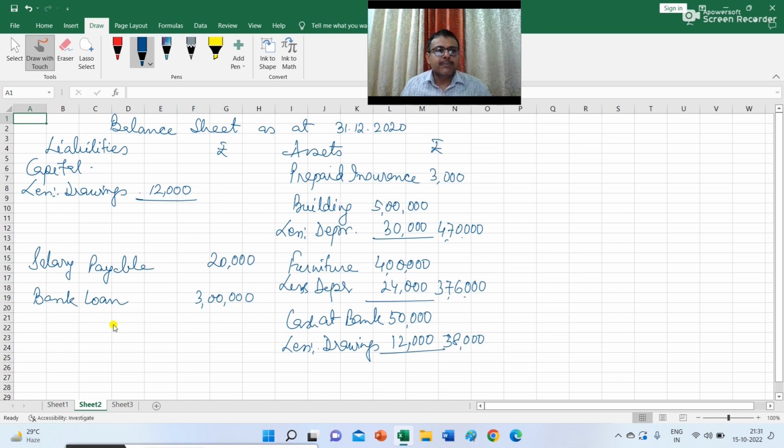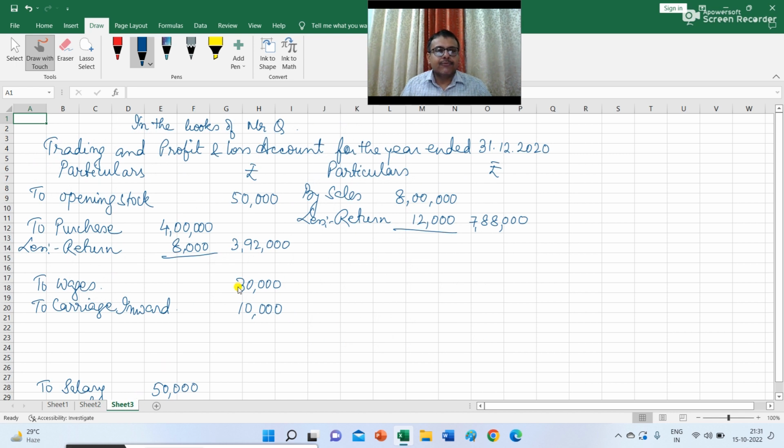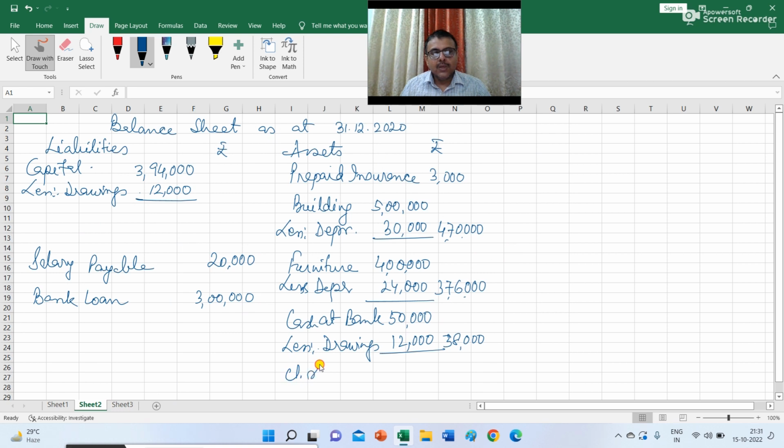And the last item is the amount of capital for rupees 3,94,000, and I am recording it on the liability side of the balance sheet. So first of all, we have to close the trading account, but before that you have to see the adjustment entry for closing stock. So closing stock is 60,000 that I have to record in the trading account as well as in the balance sheet.